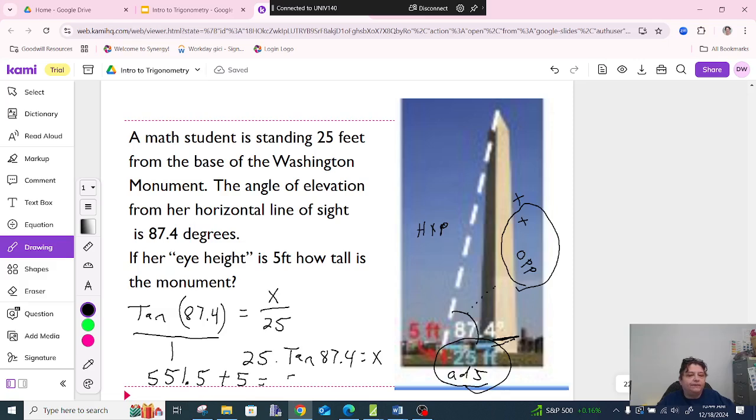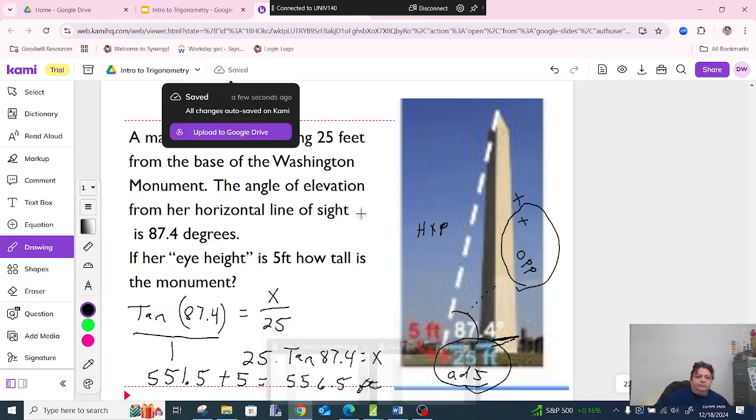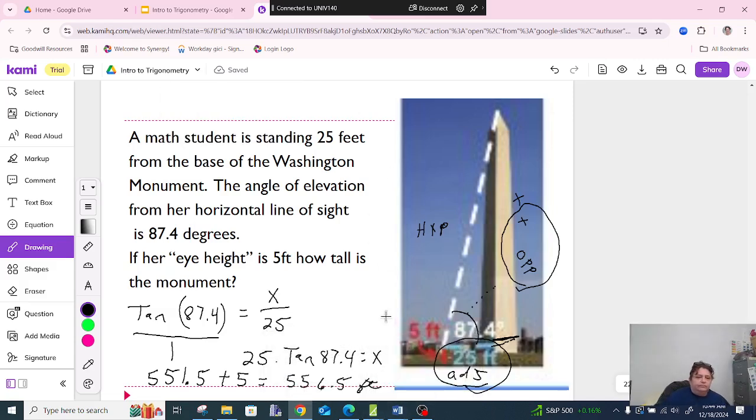So then this would be 556.5 feet. Oh, it's a 0? Oh, yeah. So it's 500. So then this should be just a 5 here? Okay.